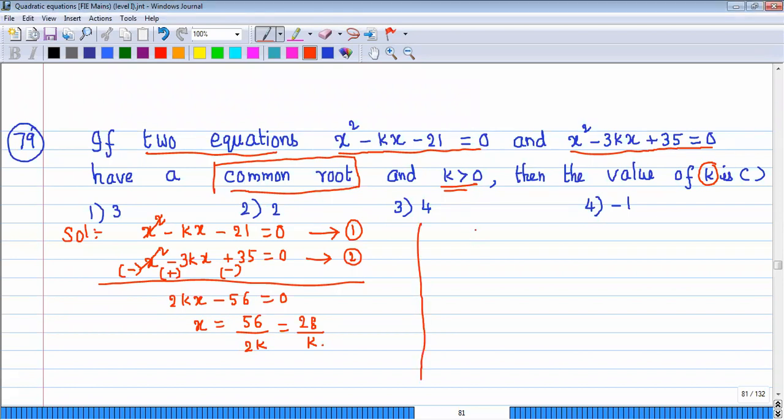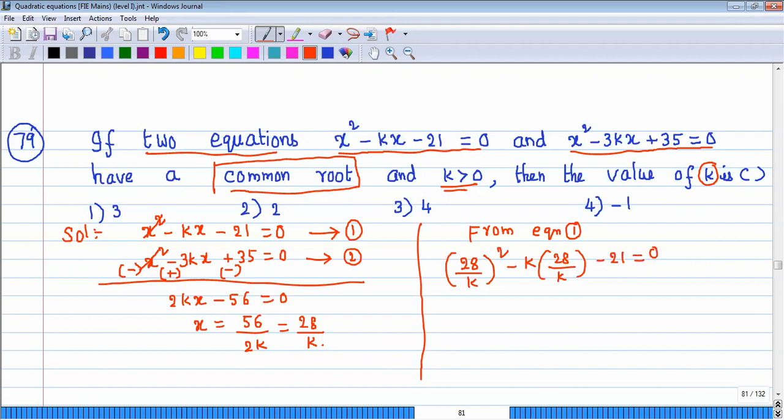So from equation 1, substitute in the place of x 28 by k whole square minus k times 28 upon k minus 21 equals to 0.